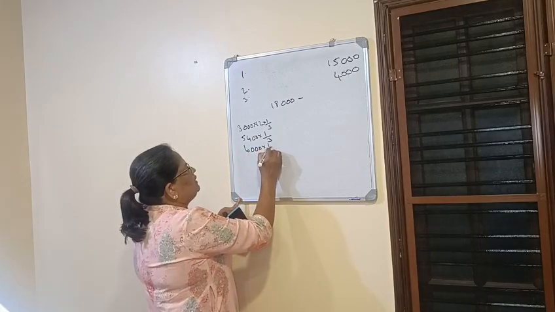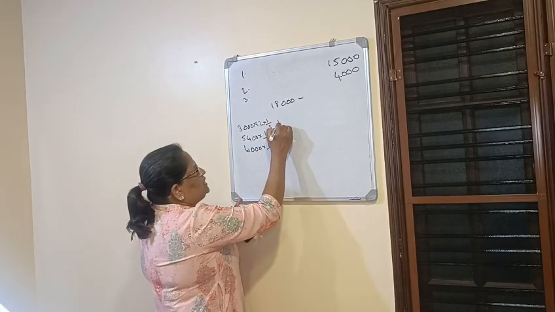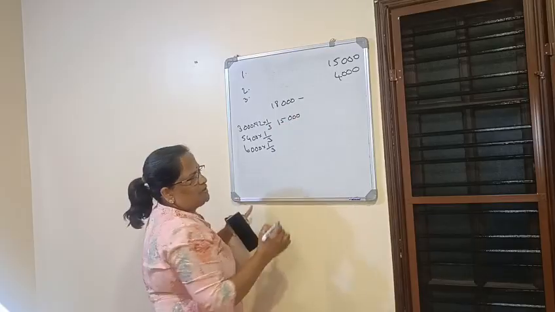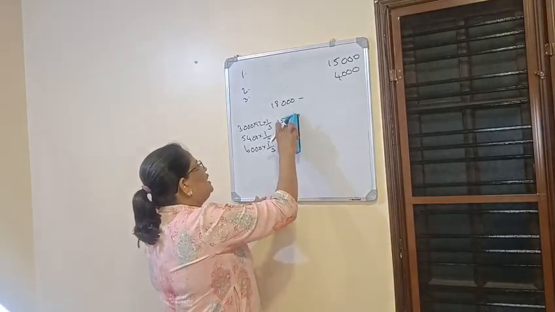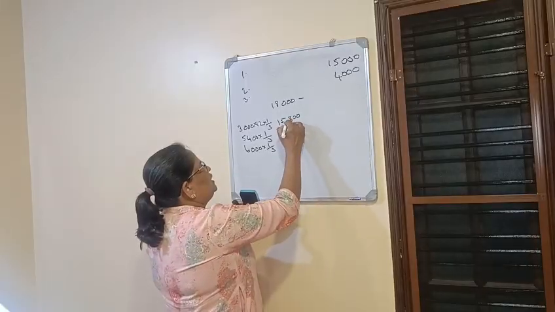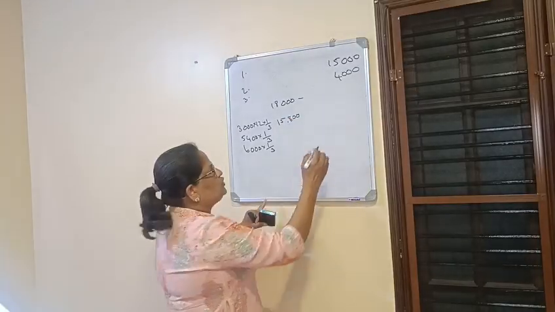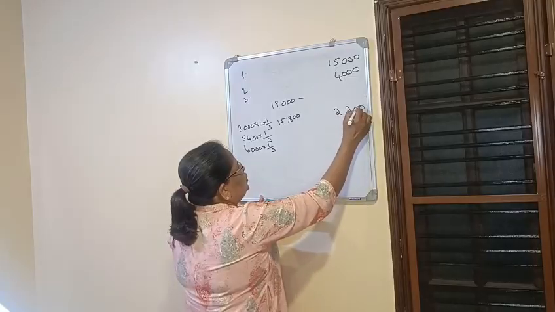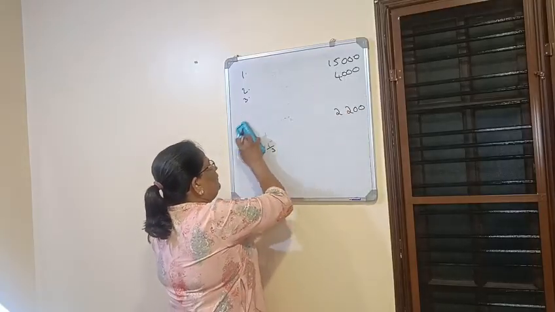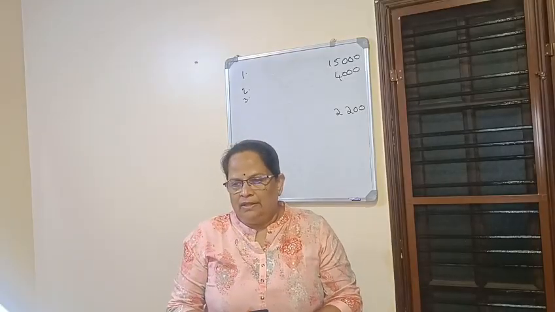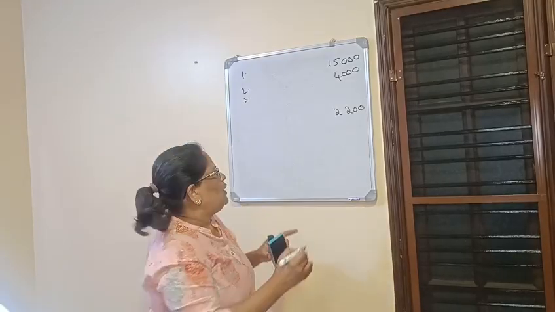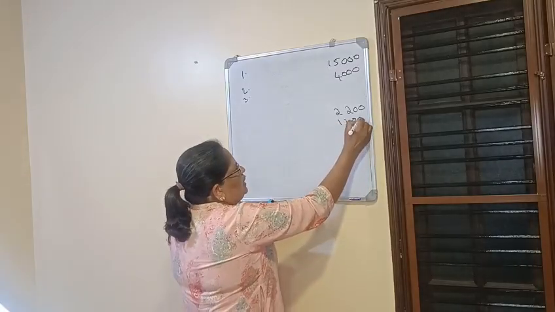When you calculate these values, you will get 15,800 to reduce. So this value is 2,200. Next is lecture remuneration 1,200 taxable.